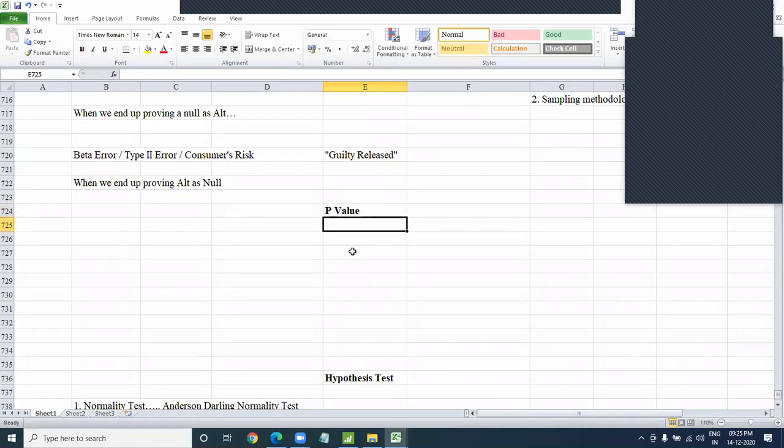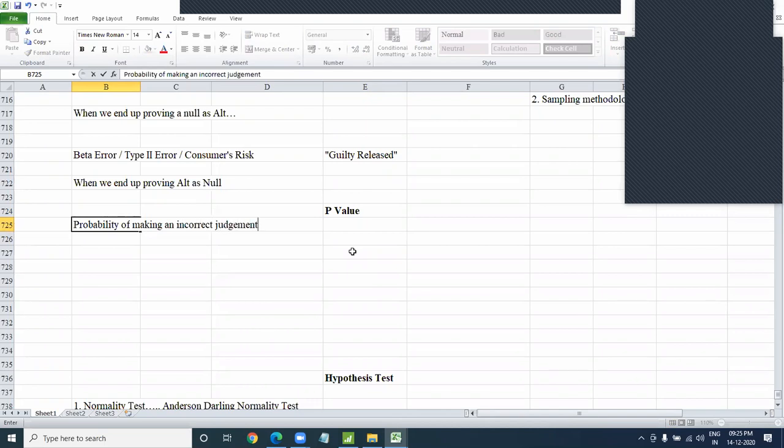What is the basic meaning of p-value? P-value is the probability of making an incorrect judgment. It's not the probability of making a correct judgment or taking a correct decision. This is all about how wrong you can be, not about how right you can be.